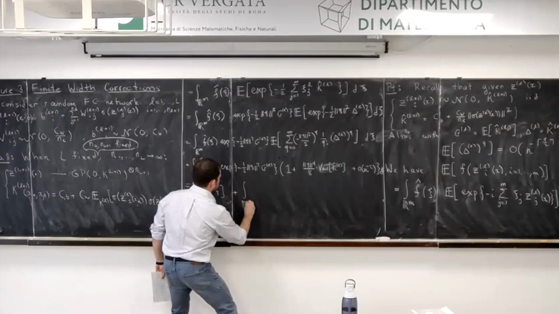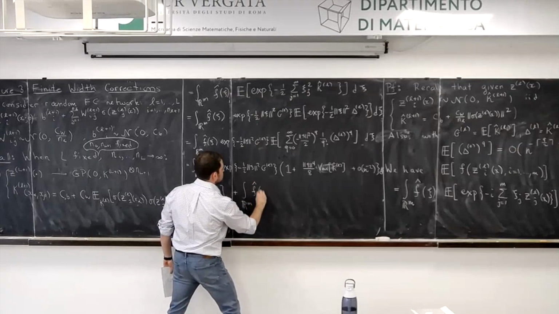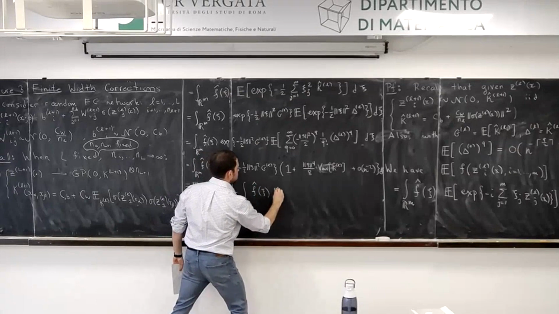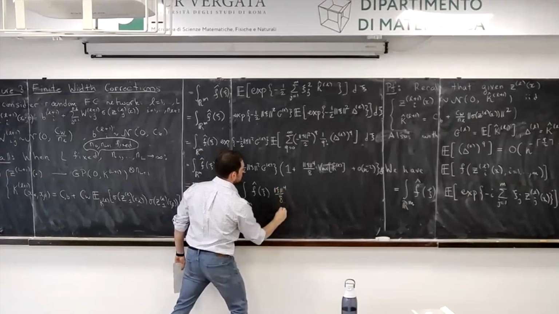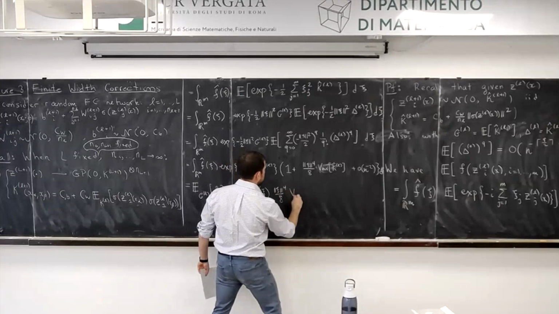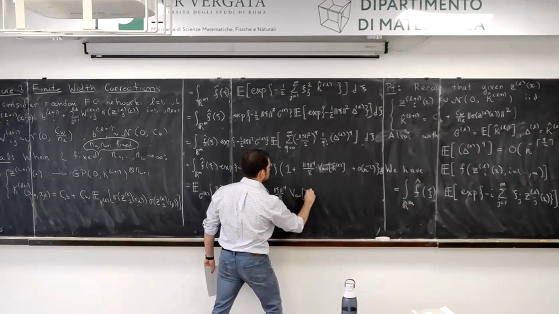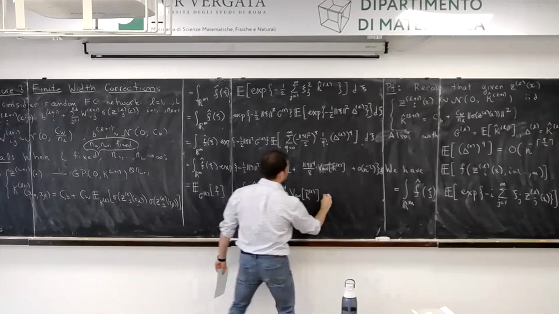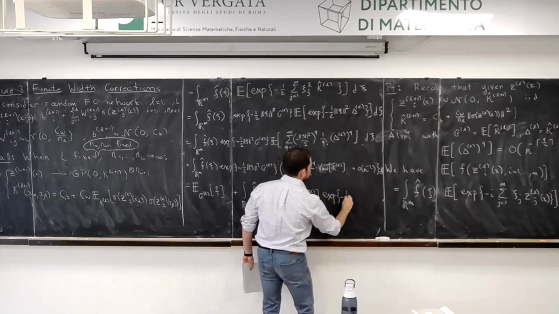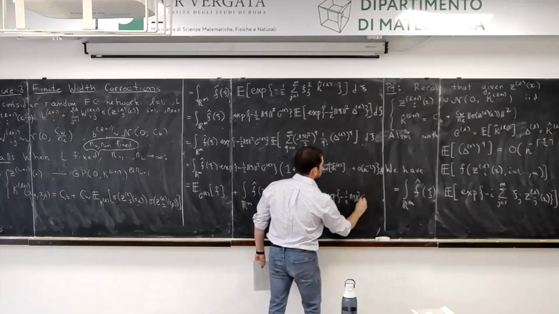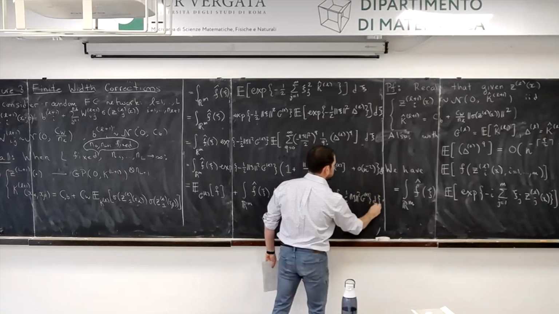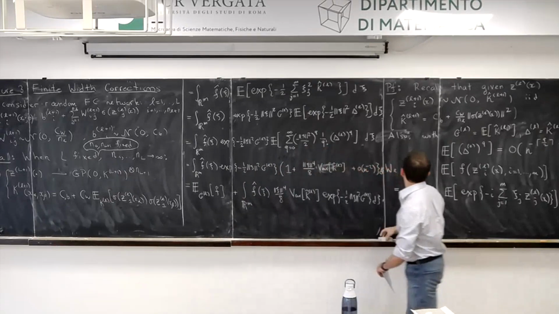I go over Rm, get f hat of c, and I get c to the fourth over 8 times this term, which is now just a constant, the variance of k hat L, times exp of minus a half c squared GL c. Okay, very good.